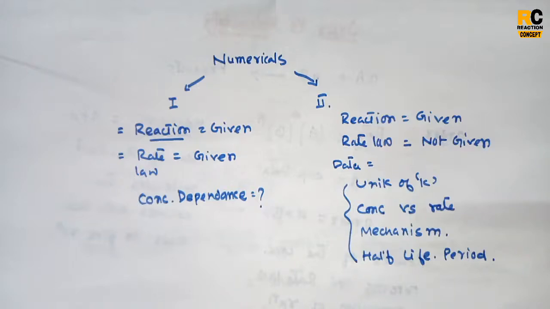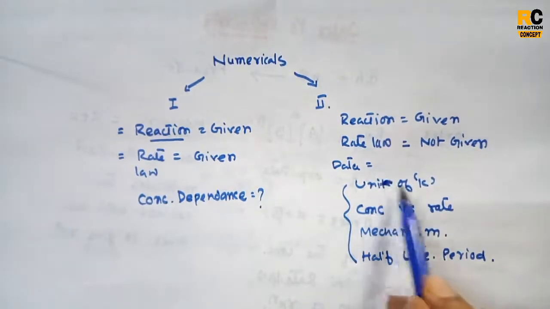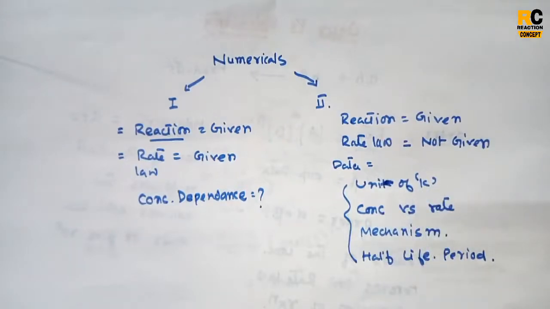Instead, some data would be given, like the unit of K, the unit of rate constant, concentration versus rate, mechanism of the reaction, half-life period, and you have to find out the rate law.